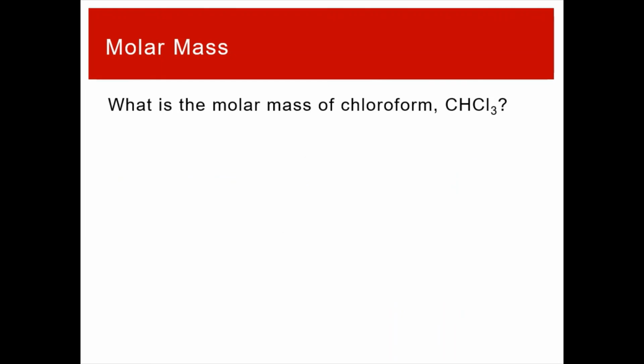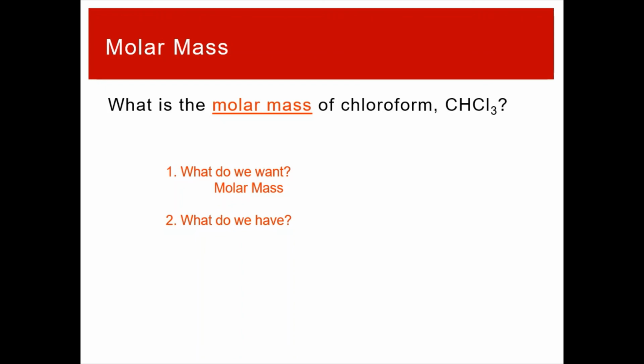So we're going to go through the process. What is the molar mass of chloroform? So I've got CHCl3, the molar mass of chloroform. Just like for calculating formula mass, this is going to be an algorithmic process.